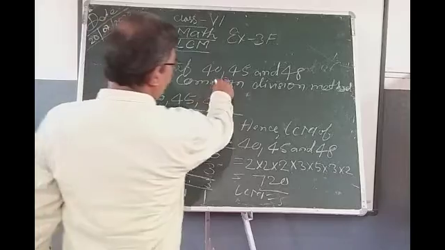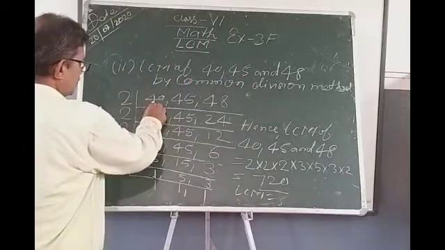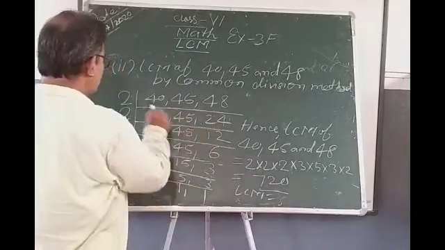Given numbers 40, 45 and 48. At least two numbers will be divisible by a common number.